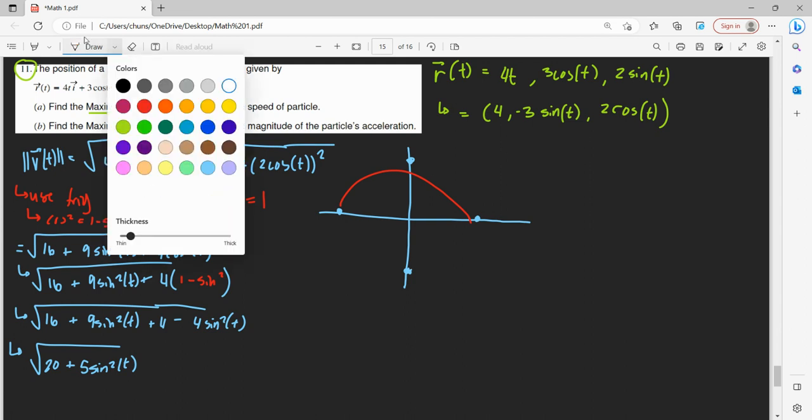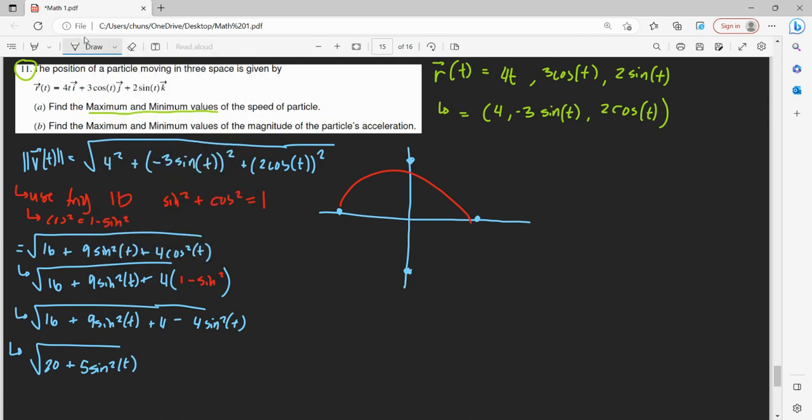Sine is at a minimum at pi and at 0, and at a maximum at pi over 2, at 90 degrees. Where sine of that will equal 1, and then sine of this will equal 0. So if we plug those in for t, we will either have 1 or 0. So basically that's just what they want us to think about.